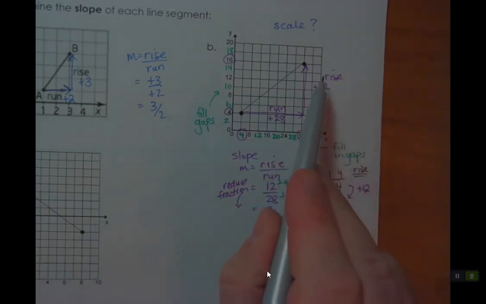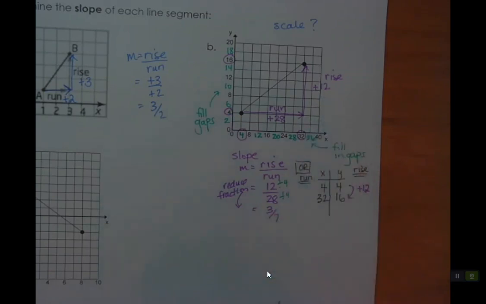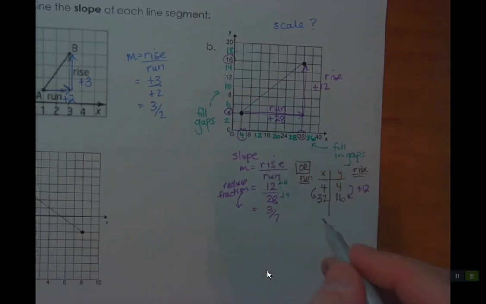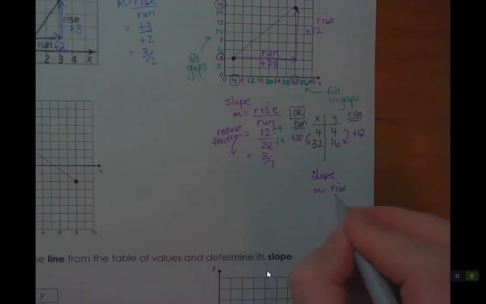Interesting. Same number. Hopefully we did this right. Our run better be 28. What do I have to do to get from 4 to 32? I add 28. So it's the same way of doing it.